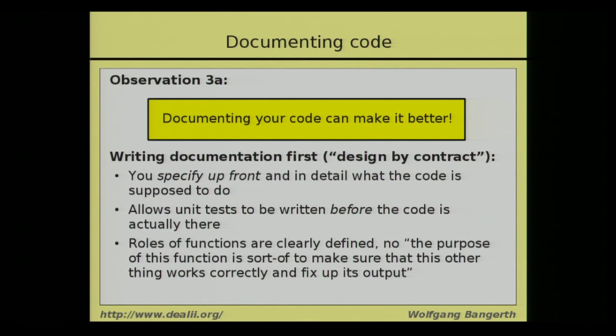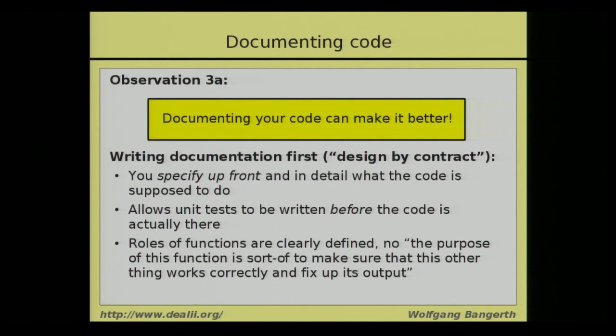So what I'm going to do, for example, is say, okay, I need a class that does this and a function that does that. So I specify up front in detail what the code is supposed to do. I'm not going to say how it's going to do it, I just say what it is going to do. And so I have a contract, essentially, that says these are the things this class promises to do, and then in the second step, I go about implementing it.